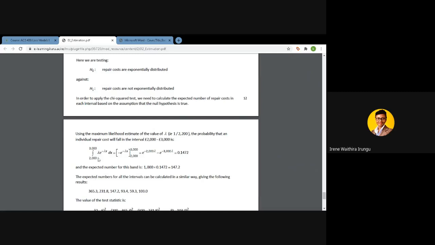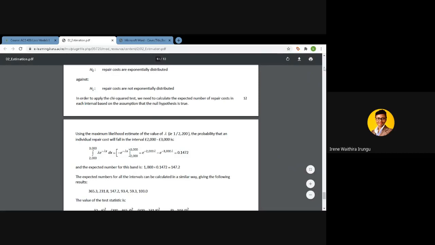So if you integrate this, this becomes your solution, substitute for the limits, and then you can substitute for your lambda. So this becomes the probability that an individual repair cost will actually fall in this band.